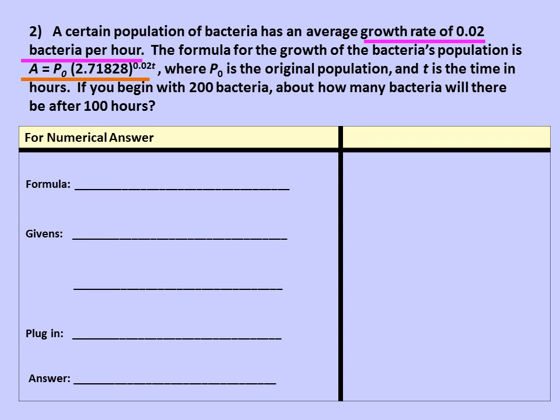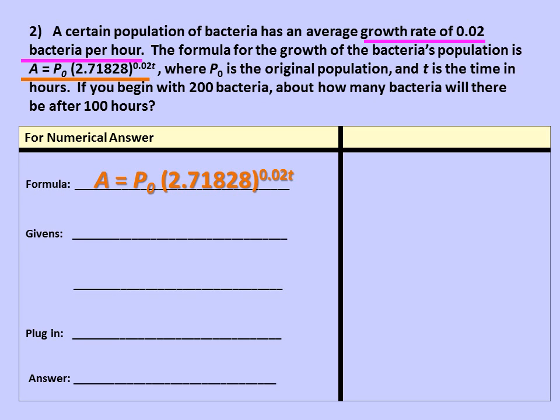Let's just write this down. First thing we want to write down is A equals P0, open parentheses, 2.71828, close parentheses. My exponent is 0.02 times t. Got that written down.